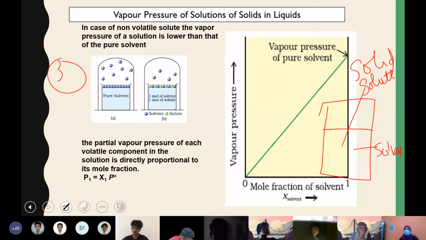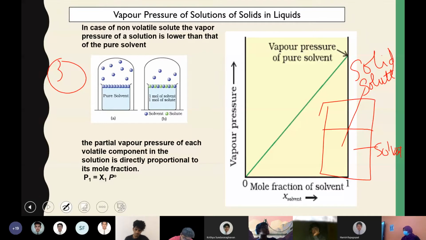You can see the diagram A and B, and that diagram is self-explanatory. Diagram A says that it's a pure solvent, and you can see the vapor state of that pure solvent was there. So that is what vapor pressure is. But in the case of the second diagram B, it is a solute and solvent, and the solute is a non-volatile solid.